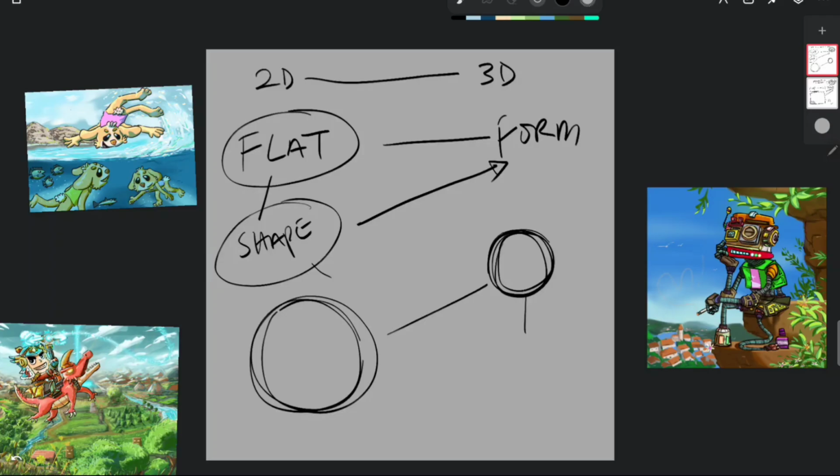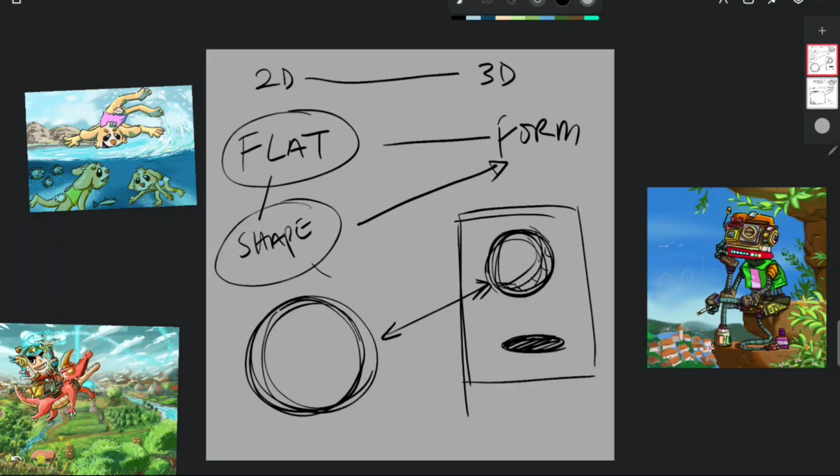And then how do we know it's a sphere? Most of the time, shadow. That is how we know. Form has transformed into sphere. There are some things we add to the sphere, shadow, light, that makes it no longer a flat surface, but now a 3D object or form.